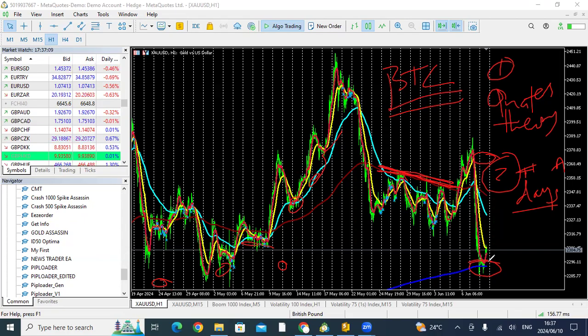So you can make use of these moving averages. And then also the last one, which is the synthetic indices. For those of you who trade on deriv.com, these synthetic indices are open 24/7, and therefore their 365-day moving averages are going to work for this particular asset.